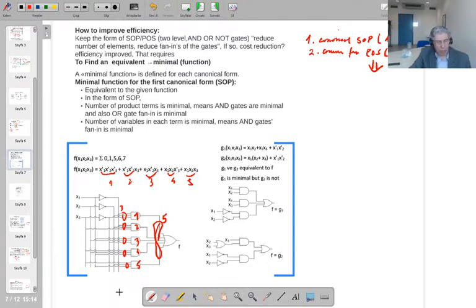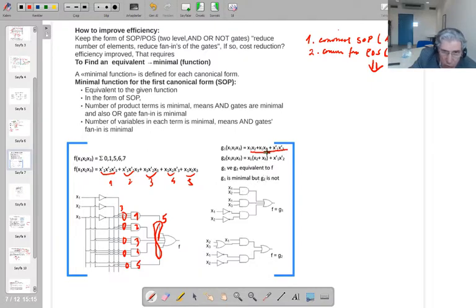Now we are saying the efficiency is not good for this design. Why is that? I'll show you. At the beginning, this g function here is equivalent to the f function. This f function is equivalent to that g1 function. That is the g1 function.